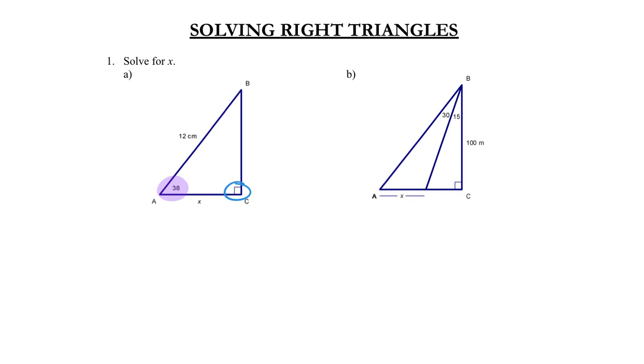If you take a look at that 38, the side you're looking for, x, is our adjacent. The other side given to us was our hypotenuse, and you know adjacent and hypotenuse from that angle is cos. So our cos of 38 degrees has to give me adjacent over hypotenuse.